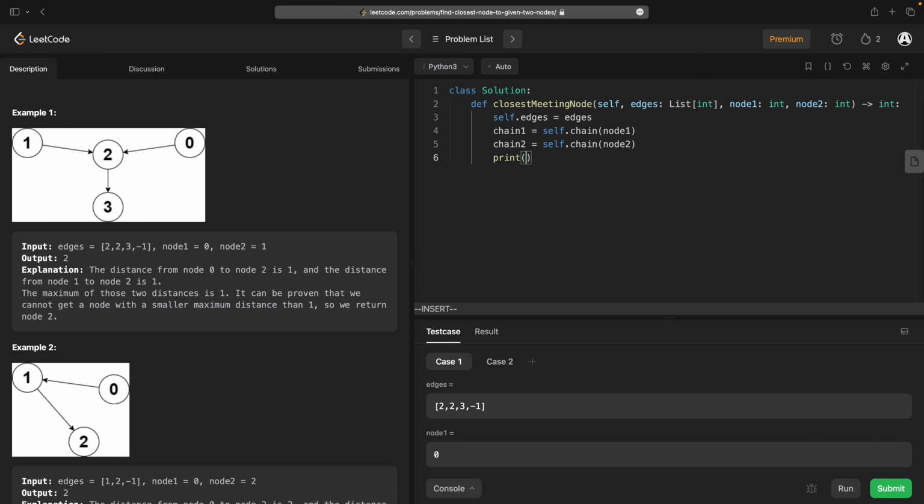So what I want to do to begin with is print the list of chain 1 and the list of chain 2, and let's just return -1 for now.